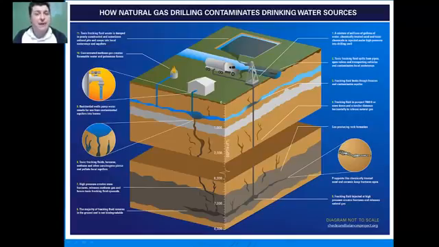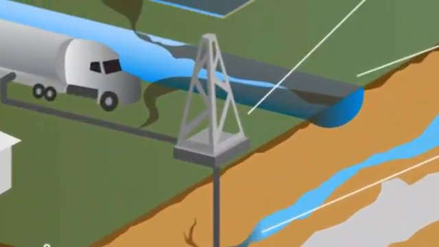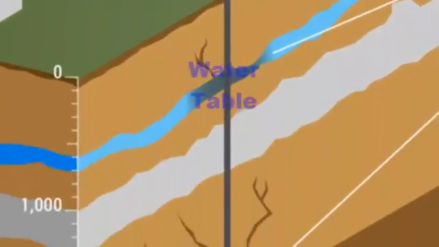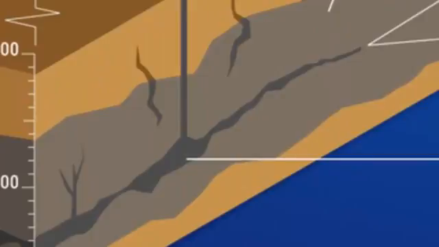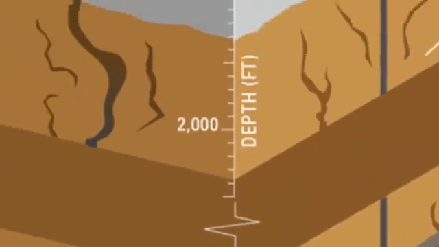With hydraulic fracturing, the idea is that we drill down well below the water table into rock which may contain natural gas, like shale, for example. We then pump millions of gallons of a proprietary mixture containing water and other chemicals under high pressure into that rock. As that enters into that rock bed, it breaks the rock, it fractures it, releasing the natural gas so that it can be harvested.